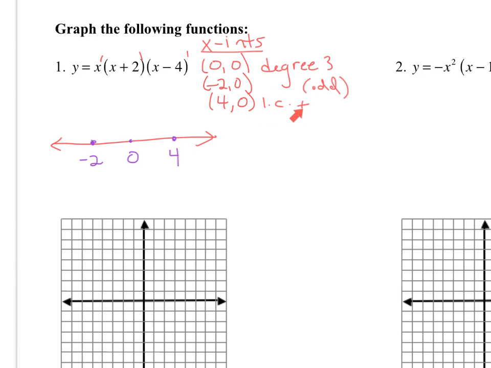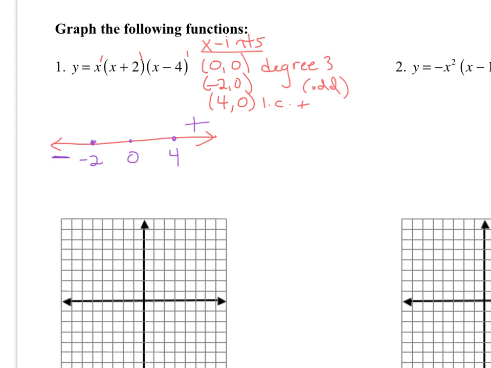So since it's positive, the right side will be above the x-axis. Once we know that that is above the x-axis, we use the fact that it's an odd degree to figure out what's happening on the far left, our left end behavior. Well, it's odd, so they're going to go in different directions. So that's going to go below the x-axis.